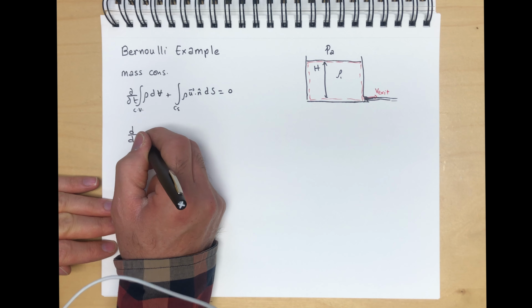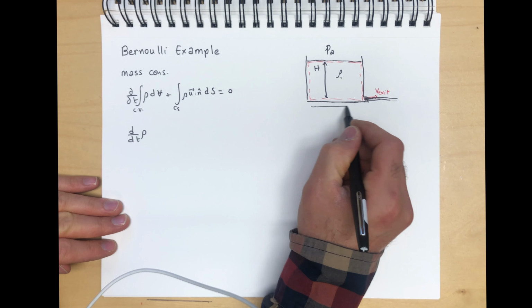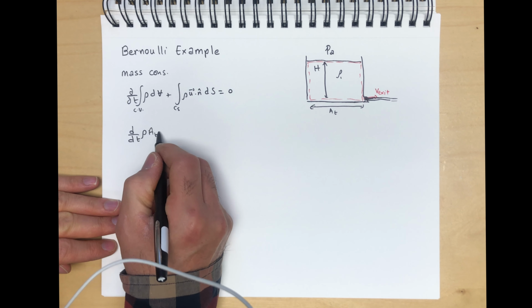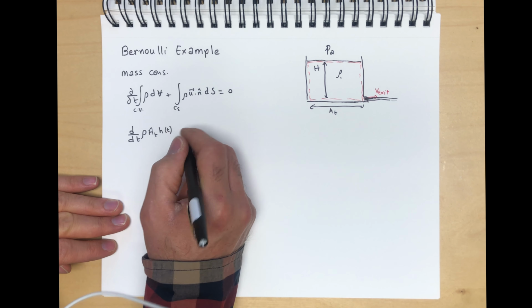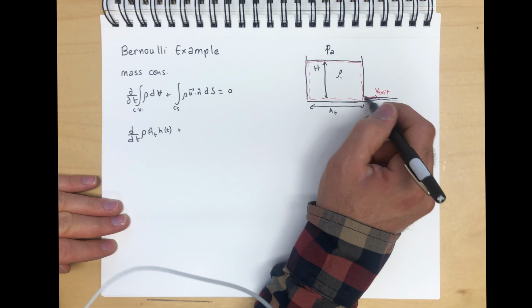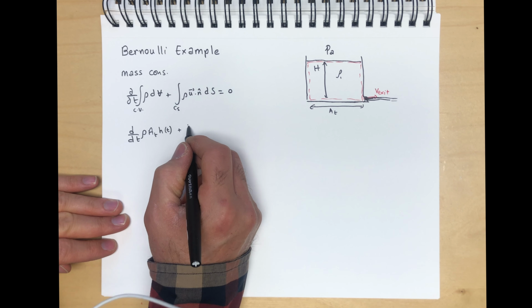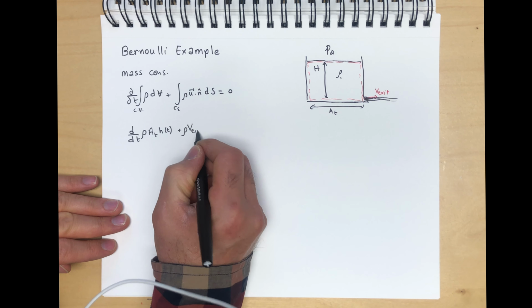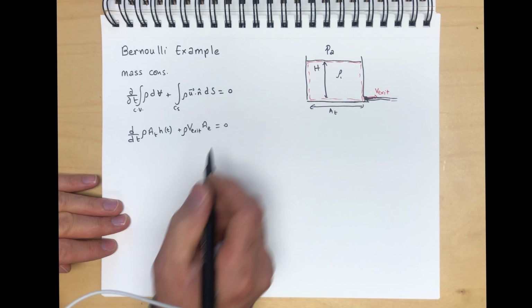Since rho is constant, we get rho and dV. What is dV? It's the area of the tank, A tank times h of t, plus the integral that only gives us the outflow at this exit, which gives us rho V exit times A exit equals 0.